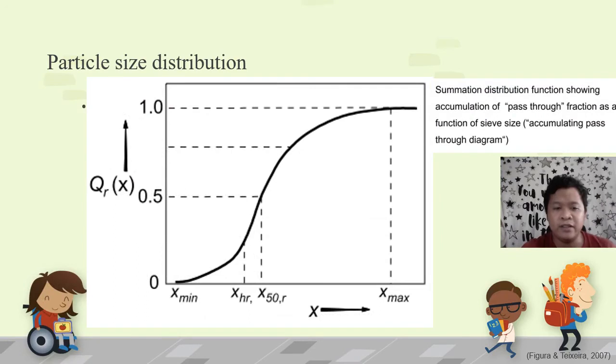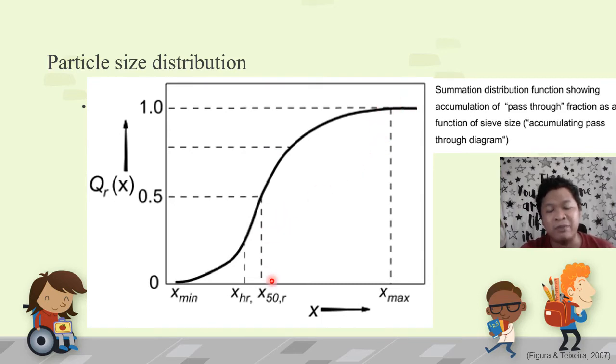So, on the other hand, this is the cumulative or accumulating pass-through diagram, which shows the summation of distribution functions as a function of sieve size. So, simply put, no, kapag mas steep yung slope niya, pag mas close sa vertical, then ibig sabihin doon sa part na yon ay mas maraming mass fraction ng particles within that size, no, leading towards the 100%.